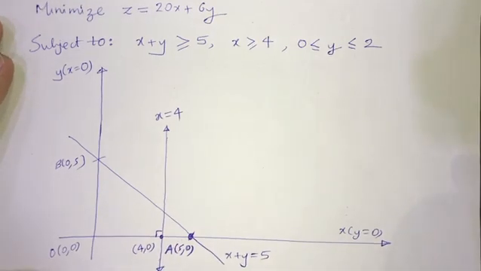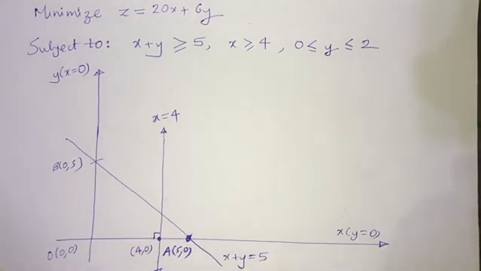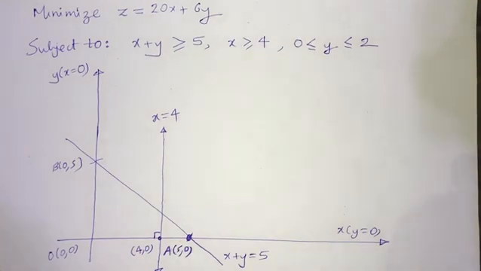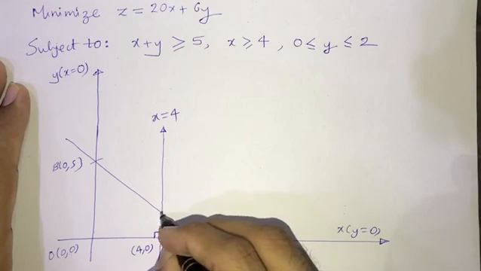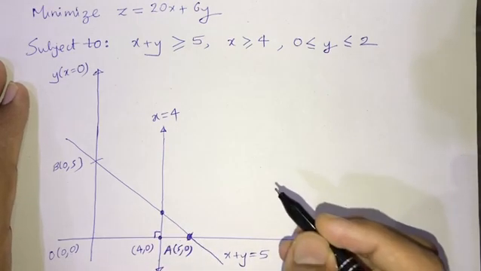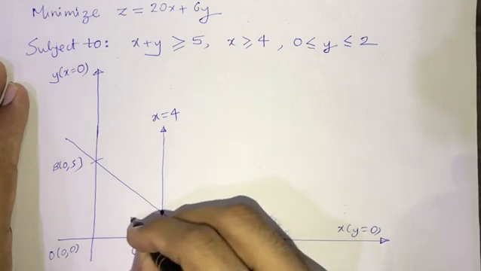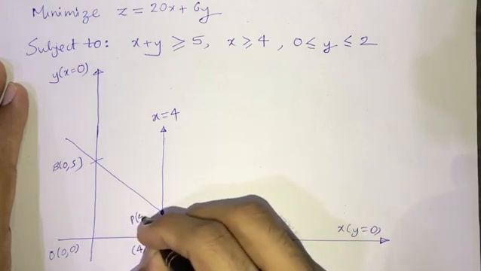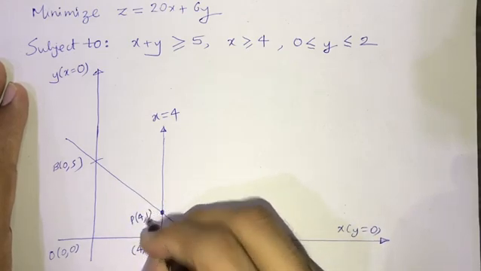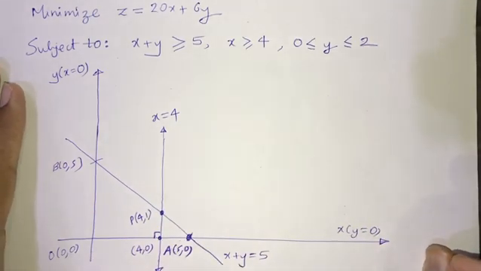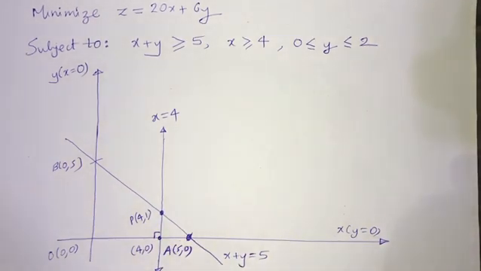What is the point of intersection of x equal to 4 and x plus y equal to 5? The point of intersection is this point here. We can call that point P. P is 4 comma 1. Next will be the y equal to 2 line.